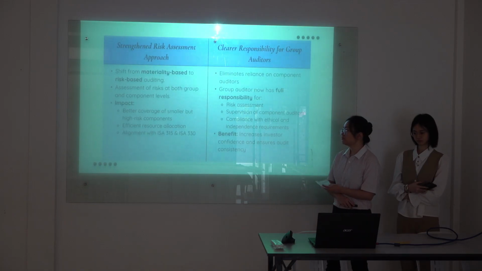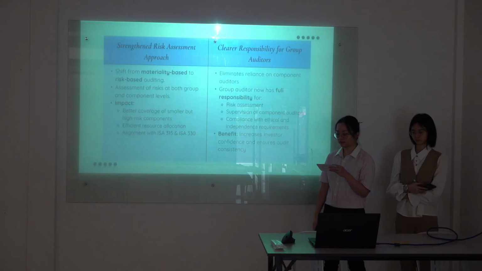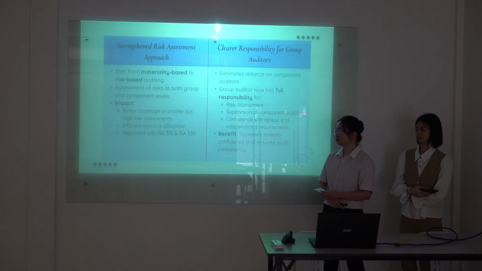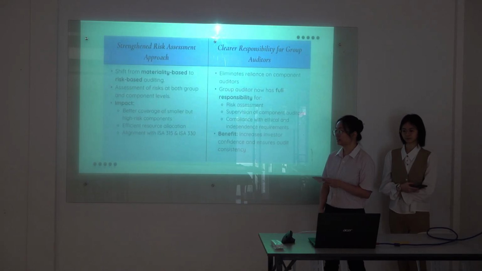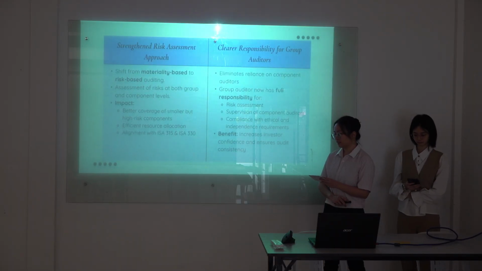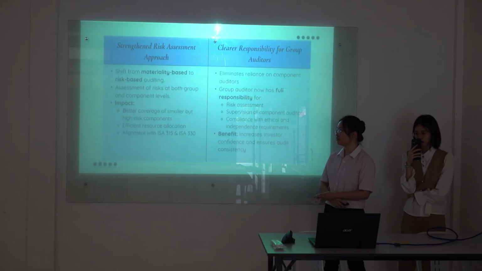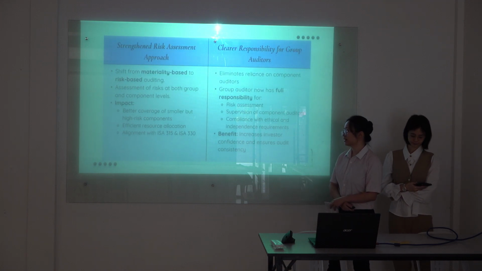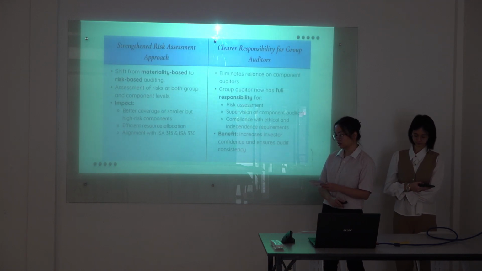This ensures that even smaller but high-risk components receive proper audit attention. The revisions also enhance efficiency by directing resources toward high-risk areas, aligning with ISA 315 and ISA 330 for consistent audit practice.